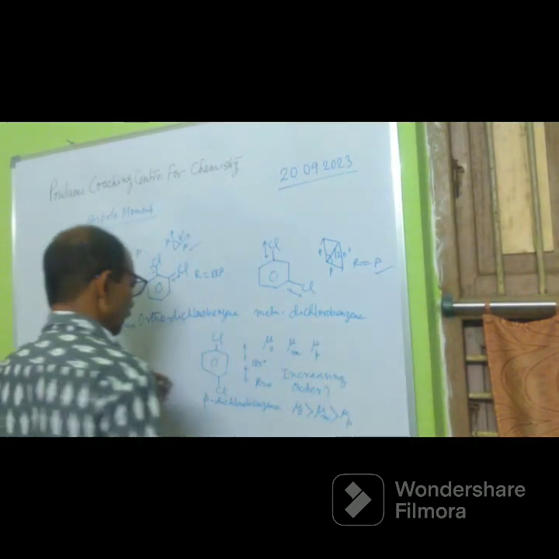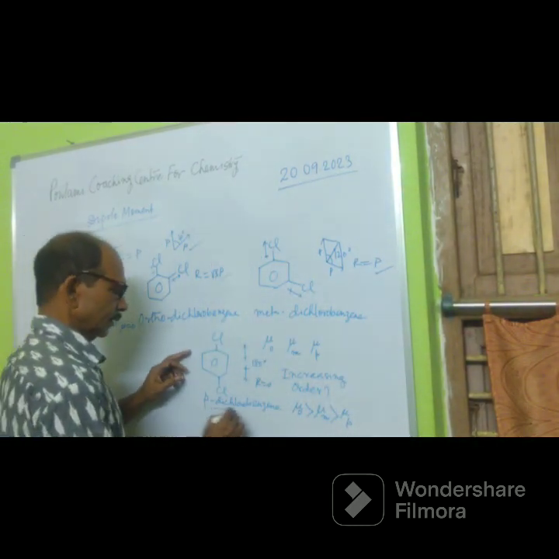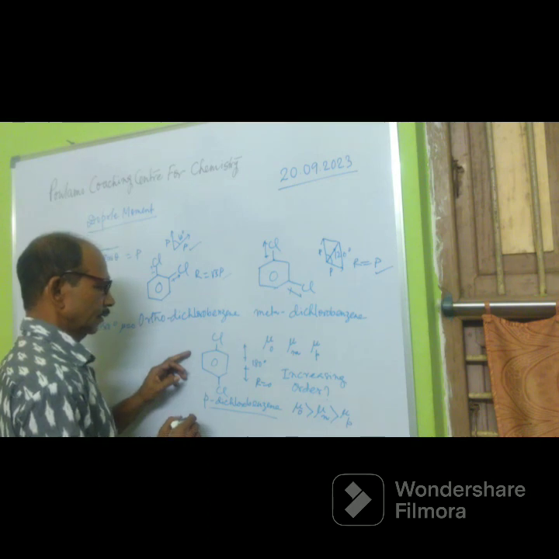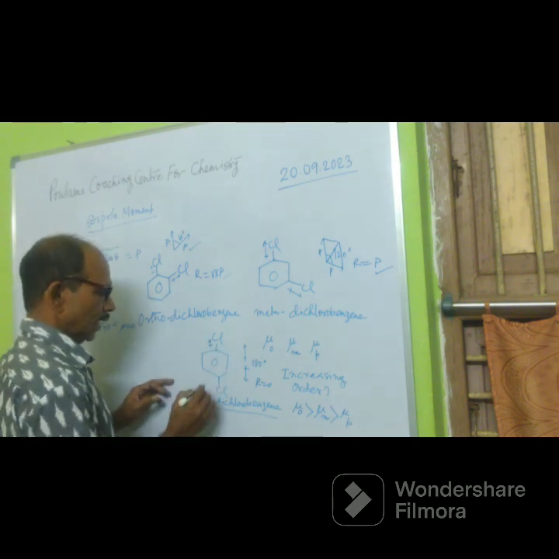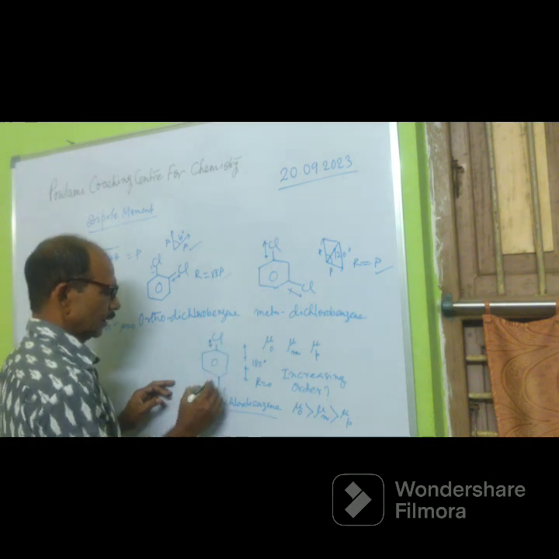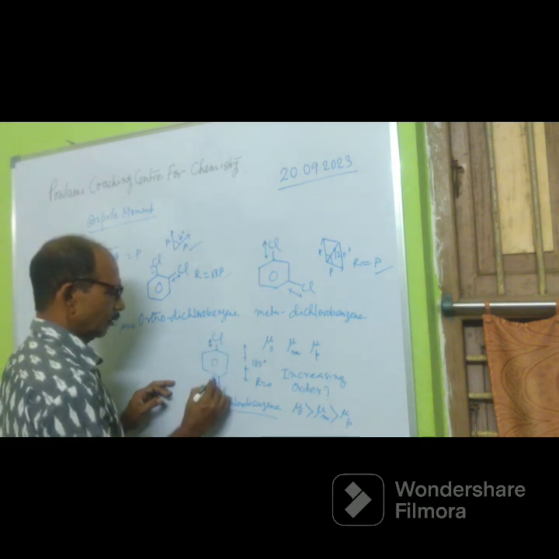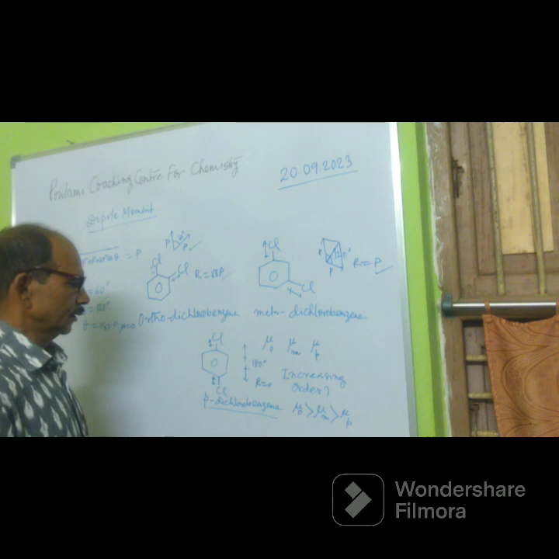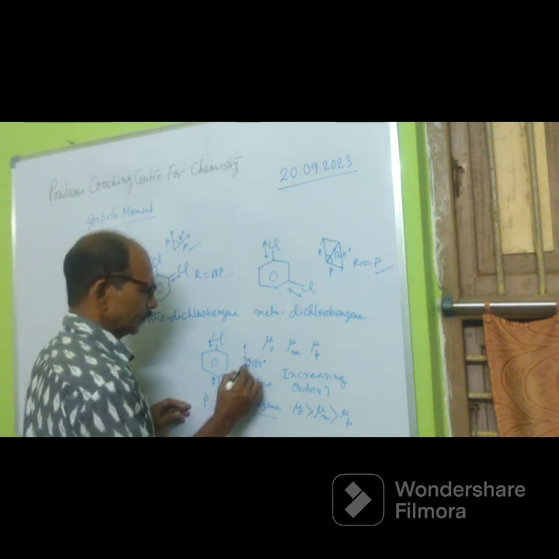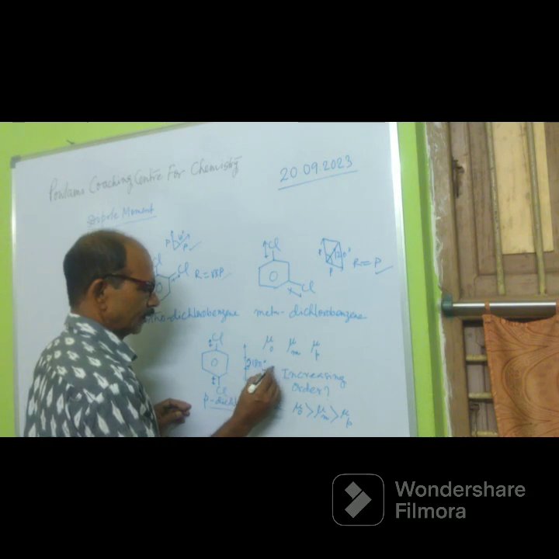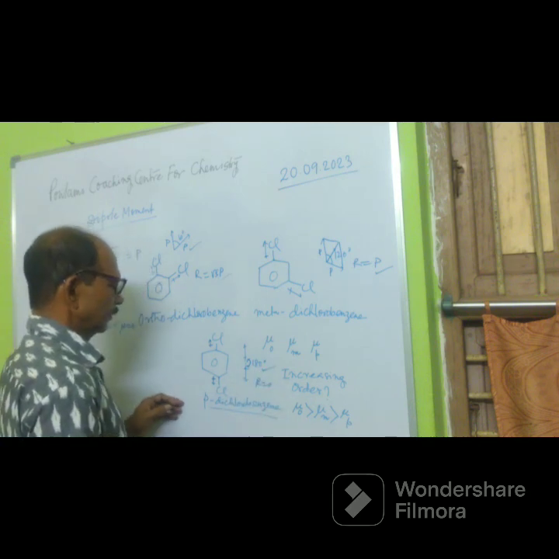Next, you see the para-dichlorobenzene. This is para-dichlorobenzene, where one bond moment acts in this direction and another bond moment acts in this direction. Their angle is 180 degrees. Okay.